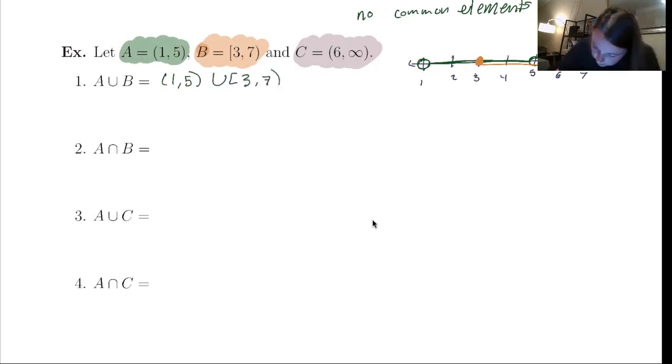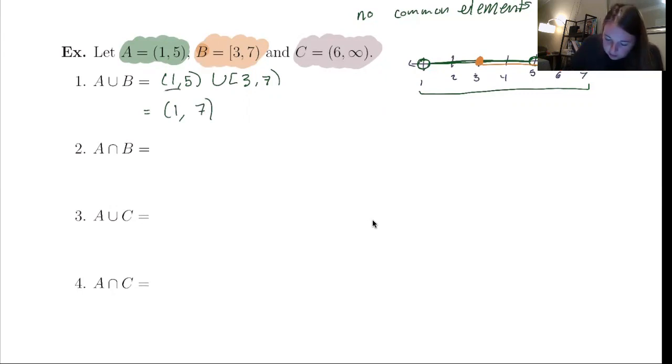So looking over here, that would be from 1 all the way to 7, right? The smallest a number could be is super close to 1, but not including 1. And the biggest number it could be is almost 7, but not including 7. So 1 and 7, right? It's like a mashup of the two.